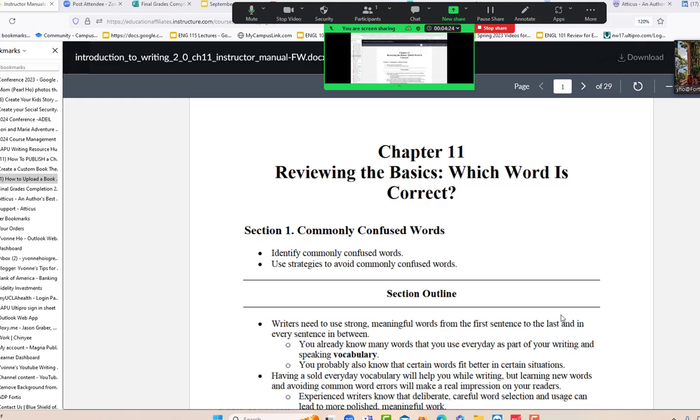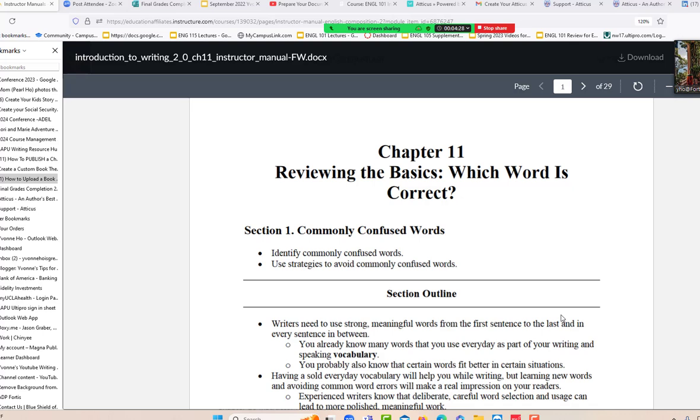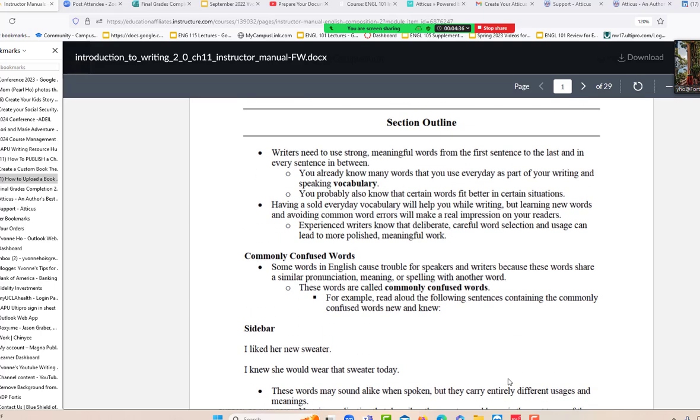Reviewing the basics. Which word is correct? Commonly confused words. Writers need to use strong, meaningful words from the first sentence to the last, and in every sentence in between. You already know many words that you use every day as part of your writing and speaking vocabulary. You probably also know that certain words fit better in certain situations.